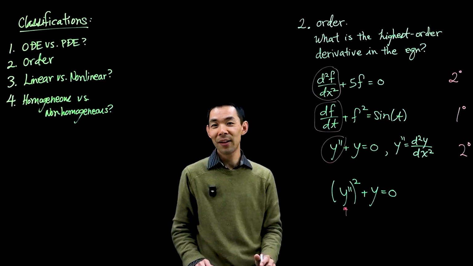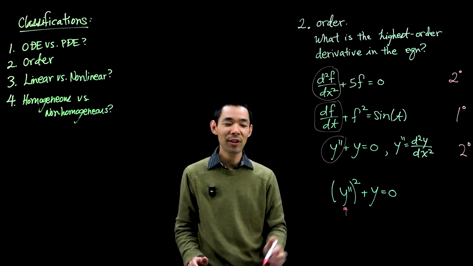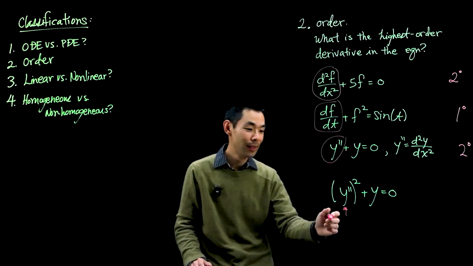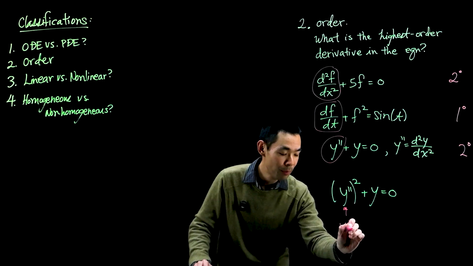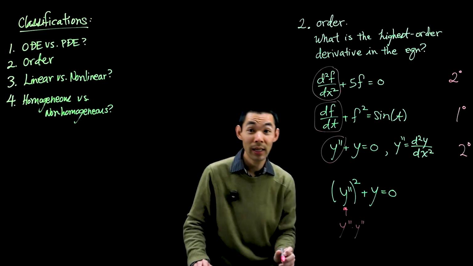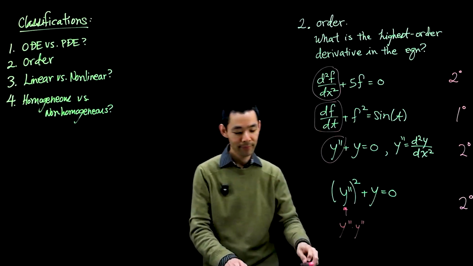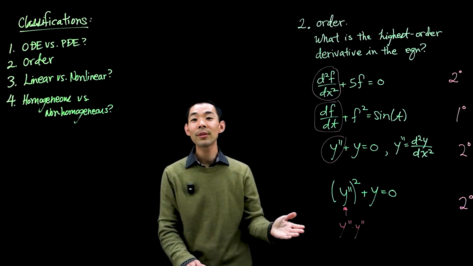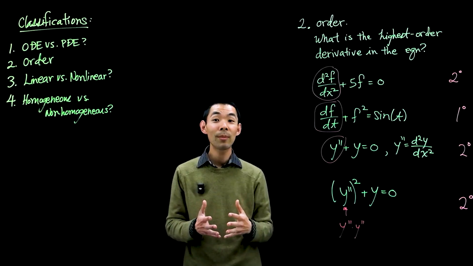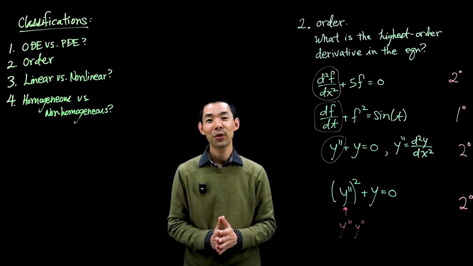It doesn't get elevated to a fourth order differential equation just because you have a square, right? This is just y double prime times y double prime. It's still a second order differential equation. Okay, so through these examples, I think you got a sense of how to determine the order of a differential equation.